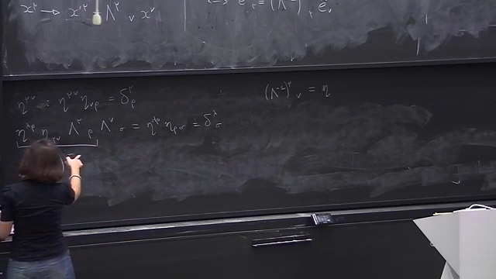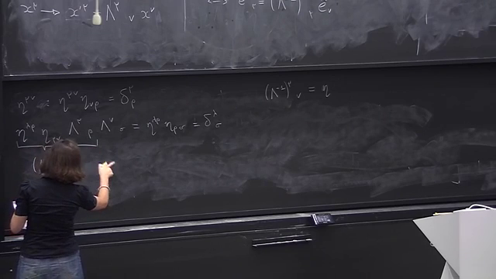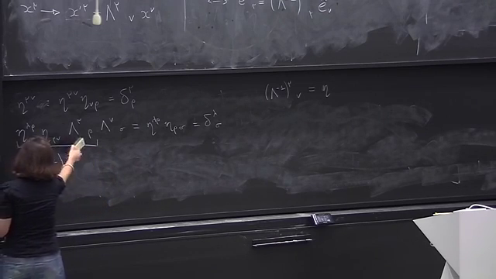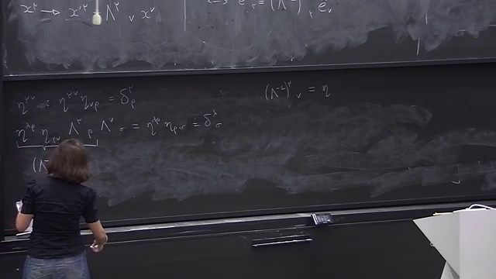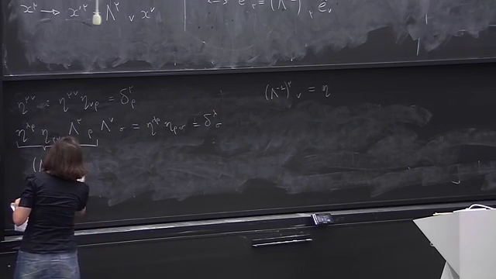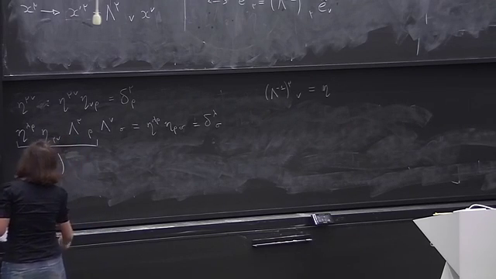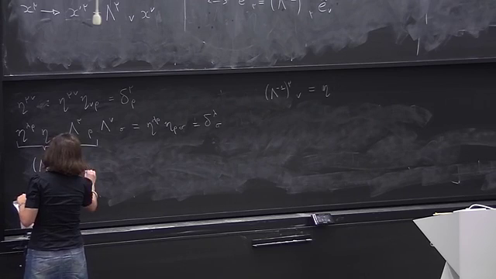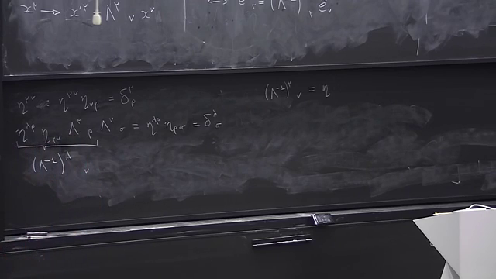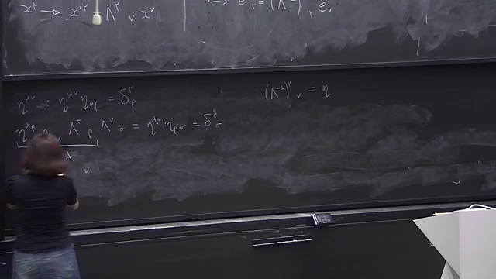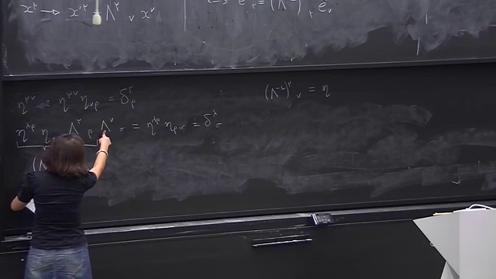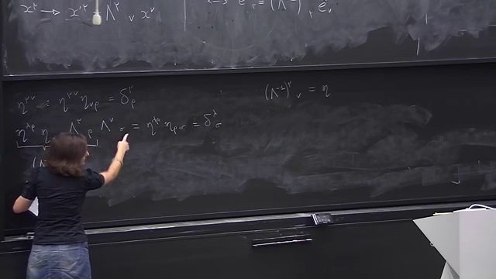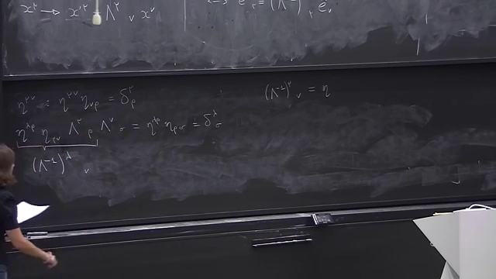Lambda rho, mu nu, mu sigma. Okay, so this should be lambda nu. Yes. The inverse of lambda with indices lambda nu should multiply lambda nu sigma and give me delta lambda sigma.